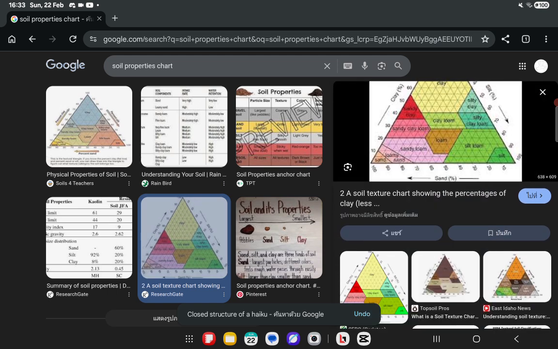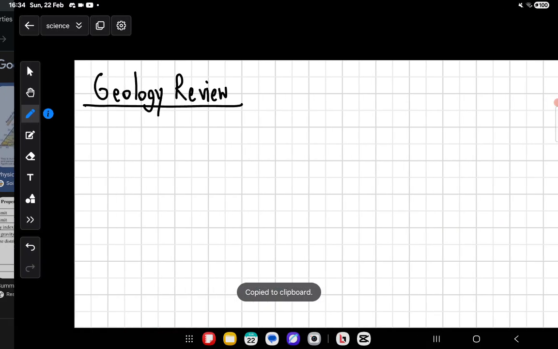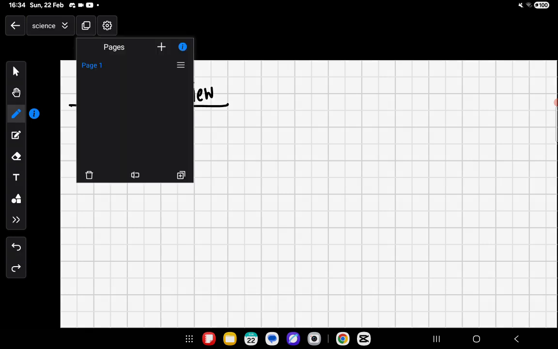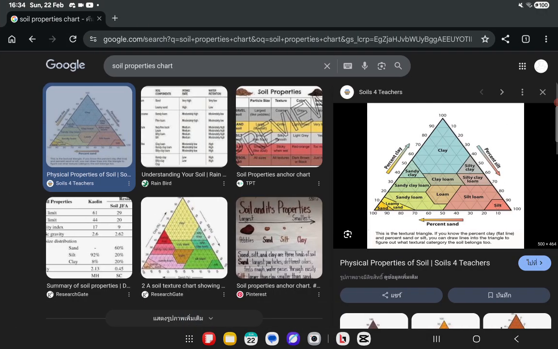Not that one. This image right here. We're going to copy that image in. Can I paste it? No? Okay. So the sandy clay loam would be like 20% silt, 30% clay, and 50% sand, right?